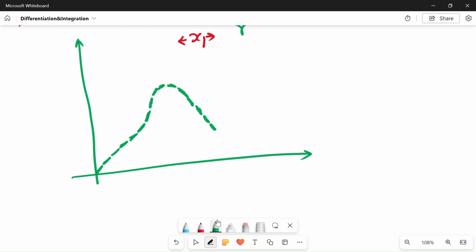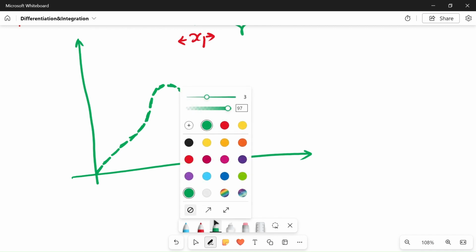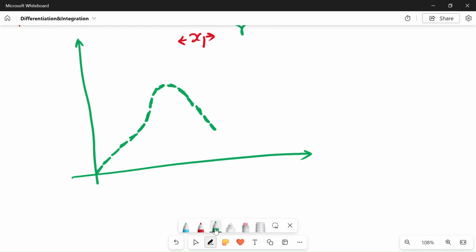So let's say this is the curve that you have broken down using differentiation. Now what integration does, I don't even need to explicitly explain. It actually gives you the cumulative equation of the curve which is being made by all those infinitesimal straight lines.